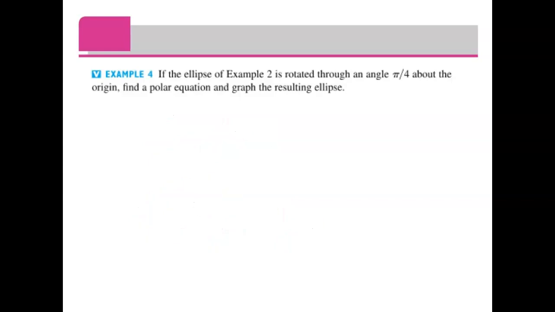All right. Same idea with a rotation. Except here we're looking at an equation of the form r equals 10 over 3 minus 2 cosine theta, right? That was our original ellipse in our first example. So if I want to rotate this through an angle of pi over 4 about the origin, all I'm going to do is subtract pi over 4 from my angle.